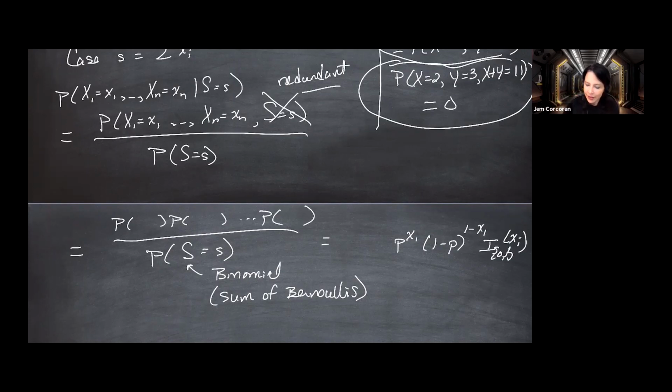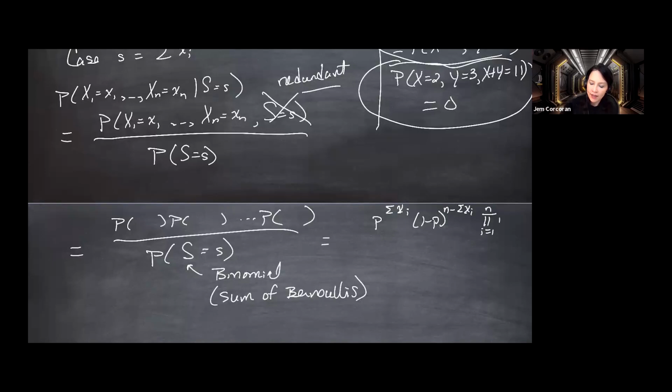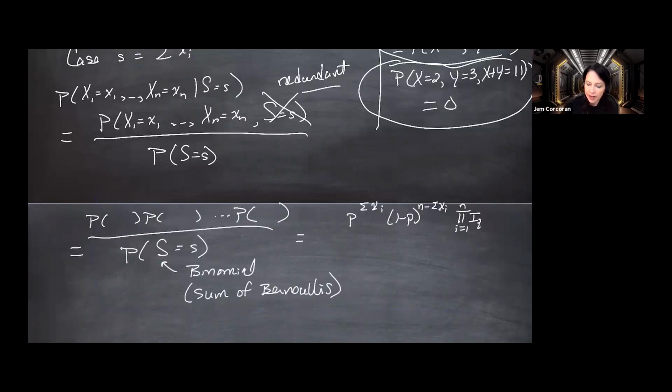So the joint PDF on the top is the product as i goes from 1 to n. You know what, let me just go for it. I'm going to multiply them out. This is p to the sum of the x's, 1 minus p to the n minus the sum of the x's, and then a product of indicators as i goes from 1 to n, the indicator that xi is in the discrete set 0, 1.